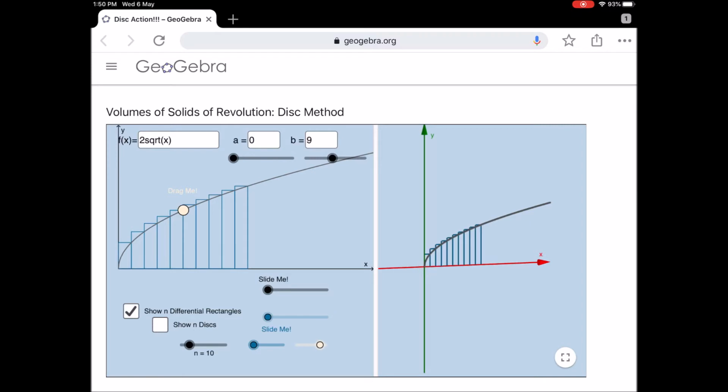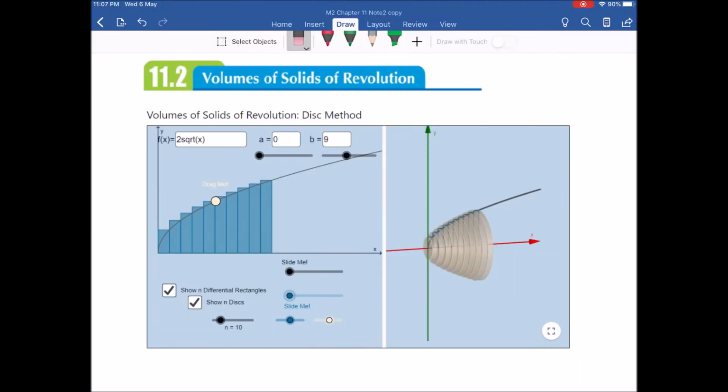Now let's see what is the volume of the disc. We call it pi r squared delta x. We are now going to derive the formula for the volumes of solids of revolution.